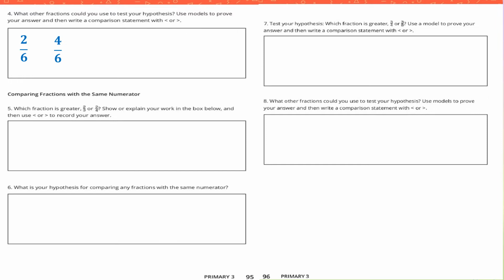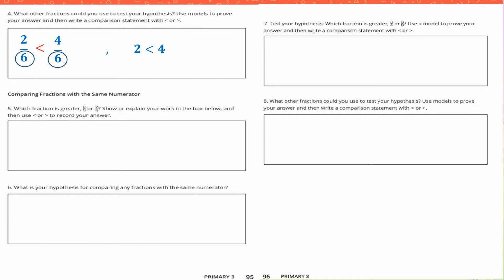Because we have the same denominators. So you must compare the numerators together. Which is bigger in normal, 4 or 2? Yes, 4 is bigger than 2. So 4 over 6 is bigger than 2 over 6.